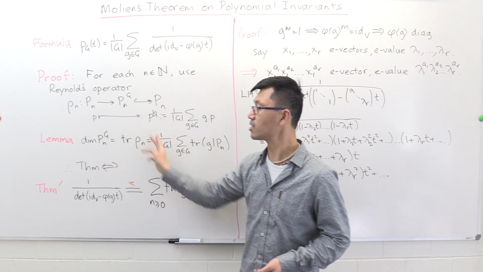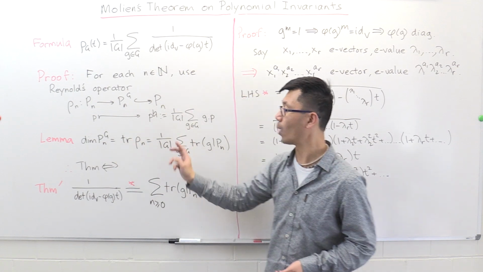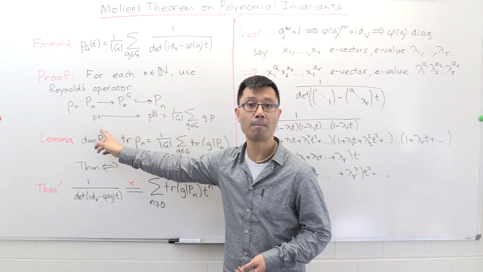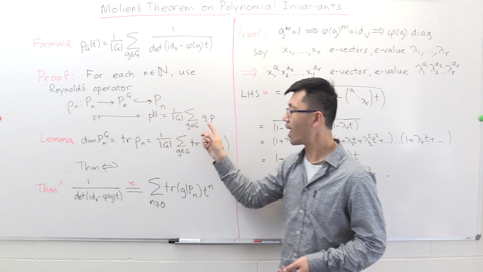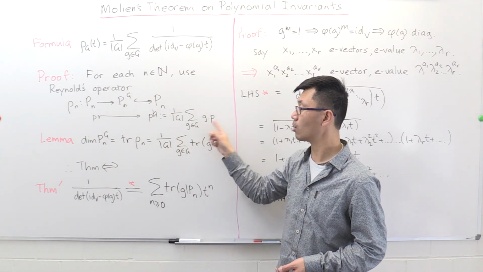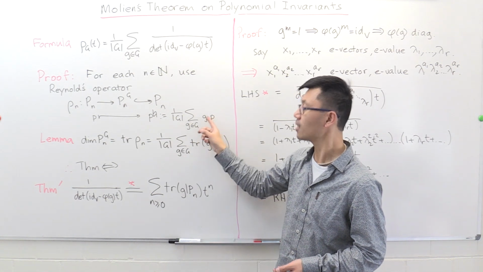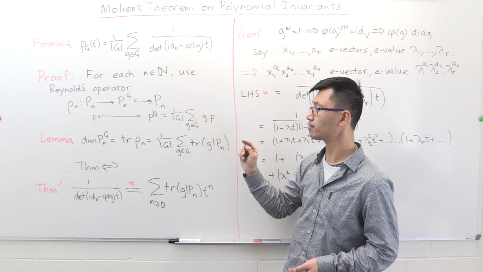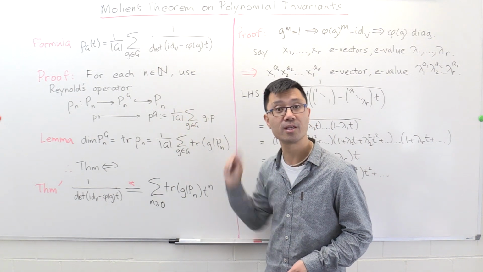And this trace of the Reynolds operator we can write in a different way. Okay, so how does this act on the p? Well, basically you let each of these group elements act on p. And these are all linear maps, the actions of G on this p. And then you take the average over this group.